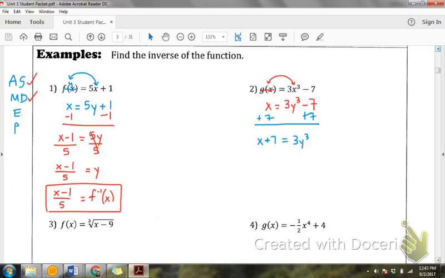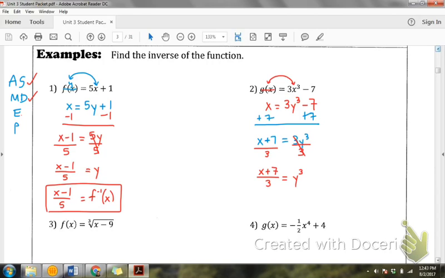So we need to get rid of multiplication first. So we're going to divide by 3. Whatever you do on one side, you have to do on the other side. So I have x plus 7 over 3 equals y cubed. You okay so far?